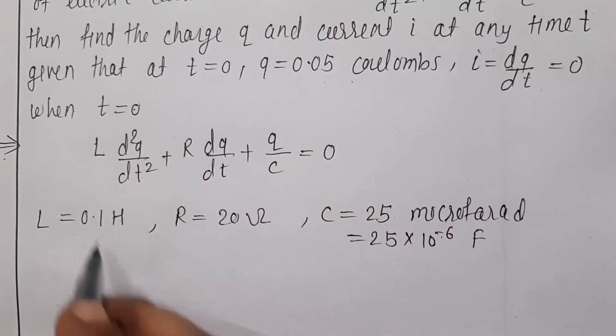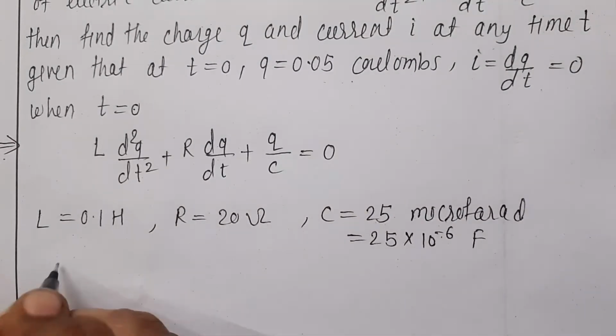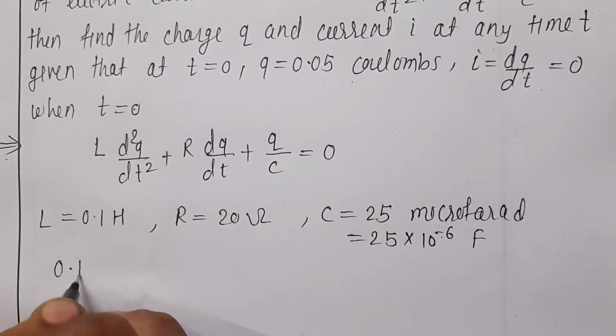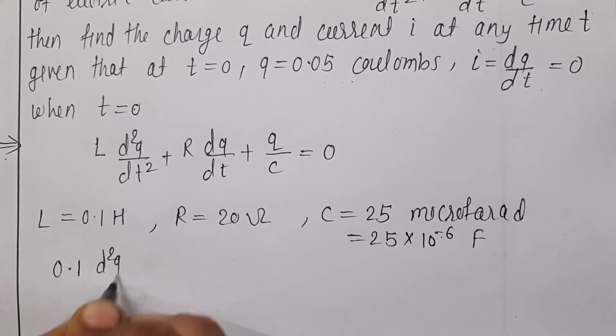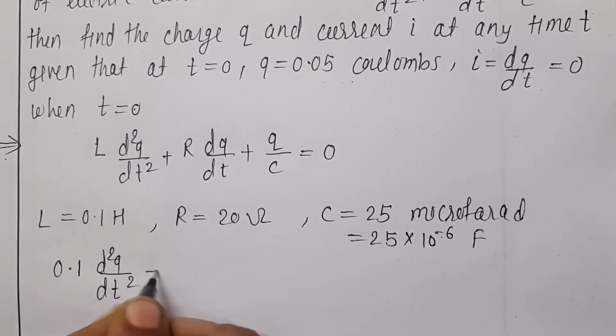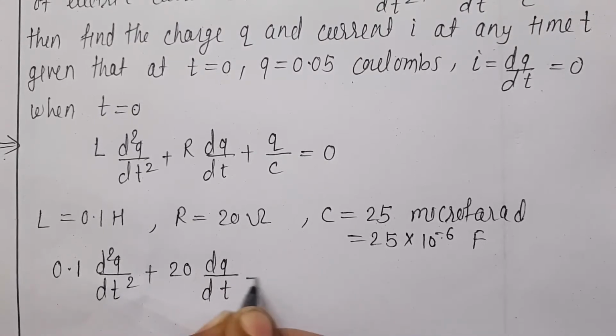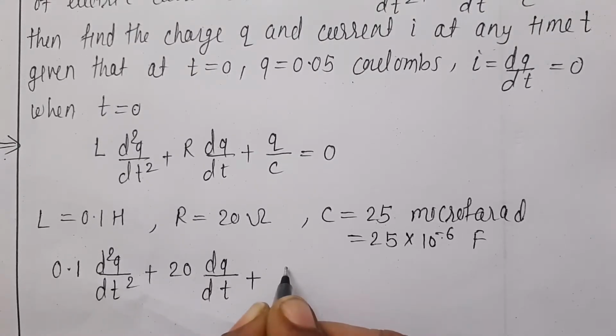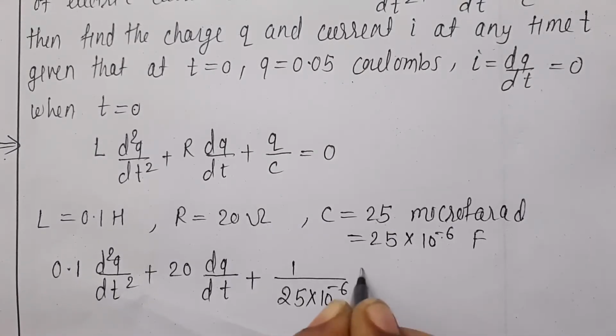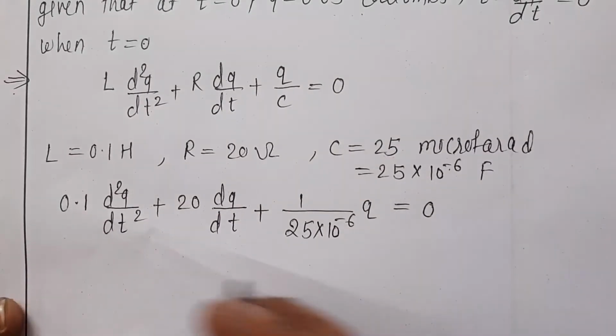Now substituting all these values in this differential equation, it is 0.1 d2q by dt square plus 20 dq by dt plus q, as 1 by C is 1 upon 25 into 10 to the power minus 6, q is equal to 0. Now divide the whole equation by 0.1.